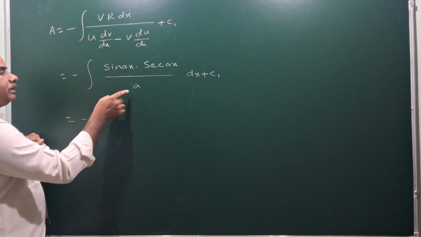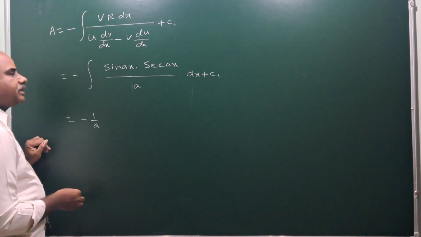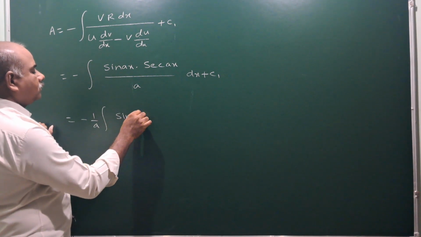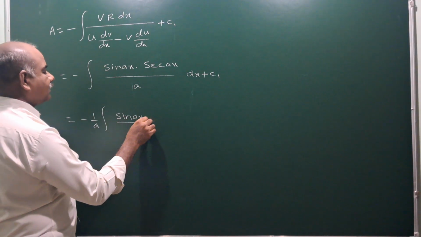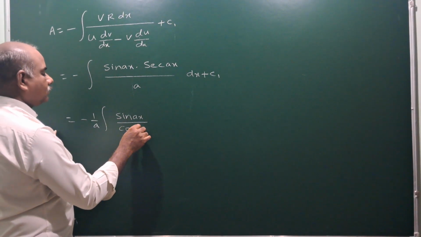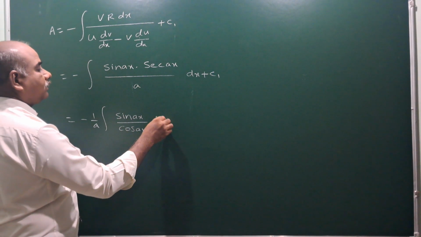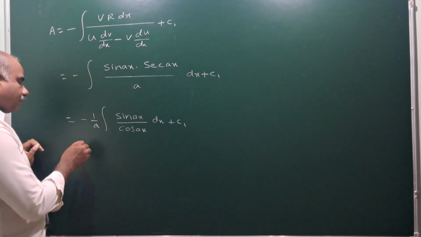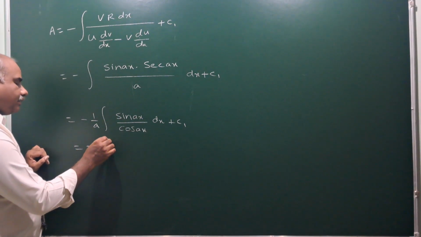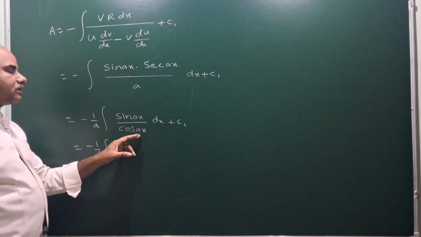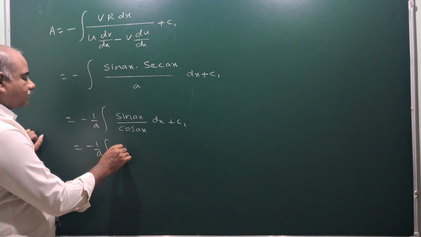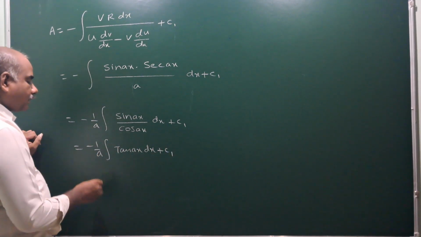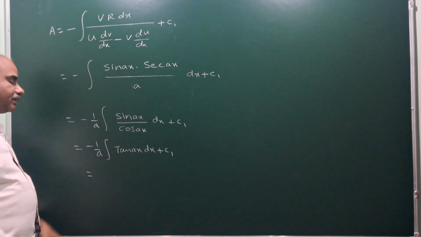So take 1/a outside, which is constant independent of x. Sin ax, and sec ax can be written as 1/cos ax, dx plus c1. Secant means 1/cos. So minus 1/a integral of sin ax/cos ax, that means tan ax, dx plus c1. What is the integral of tan ax?